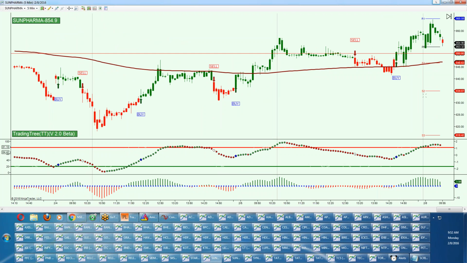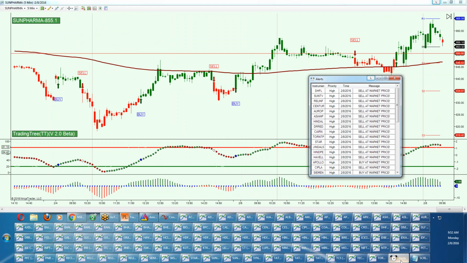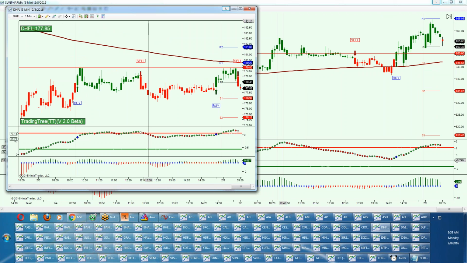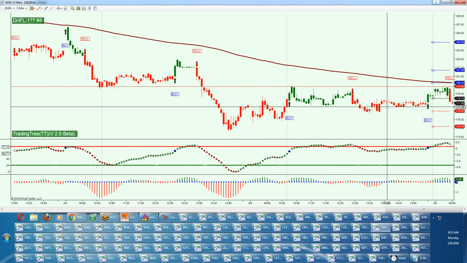Sun Pharma will get a sell. So we have DHFL and let's get DHFL. So that's a sell here. You can short it at this price 177.60.